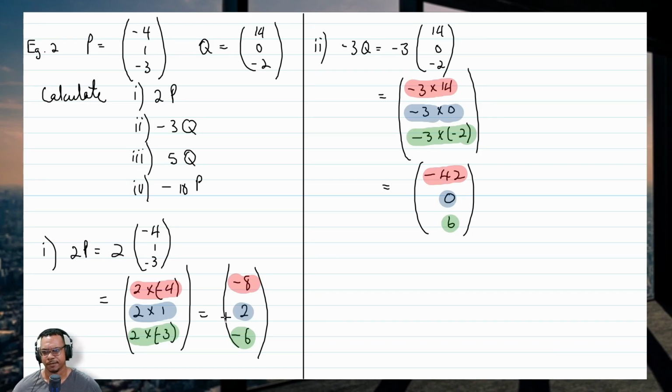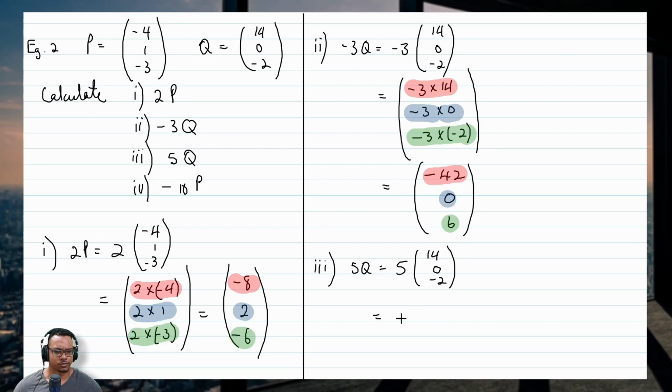So I have 5 times Q. Part 3: we have 5 times q, and the matrix q is 14, 0, and -2.